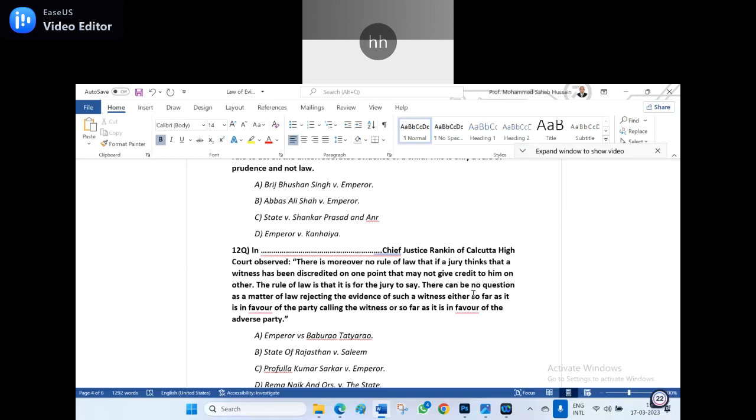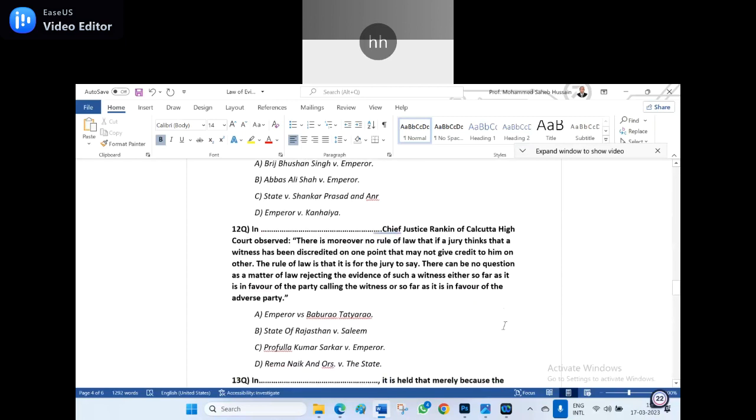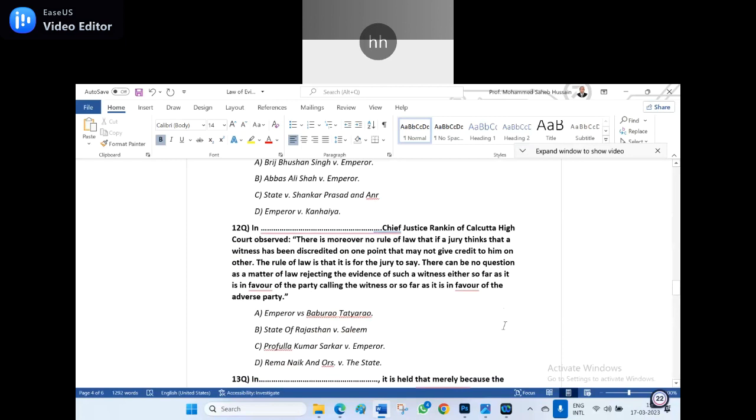There can be no question as a matter of law of rejecting the evidence of such a witness, either so far as it is in favor of the party calling the witness, or so far as it is in favor of the adverse party. That is decided in option A, Emperor versus Baburao Tatyarao. Option B, State of Rajasthan versus Salim. C, Prafulla Kumar Sarkar versus Emperor. D, Rima Naik and others versus the State.